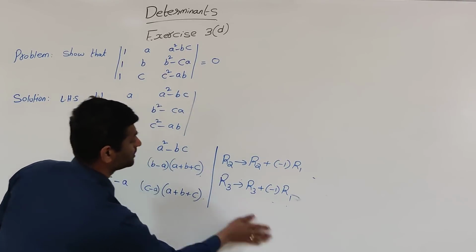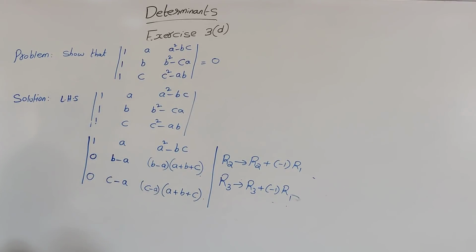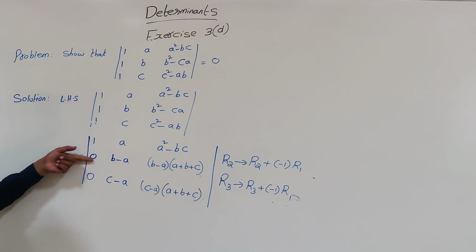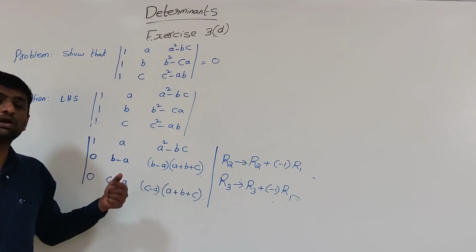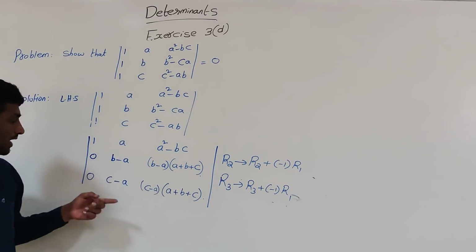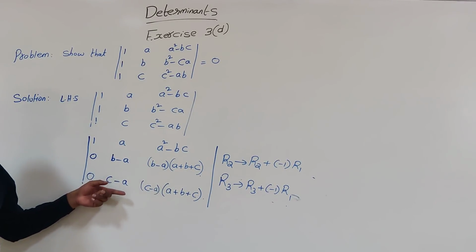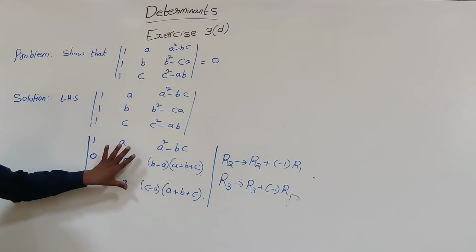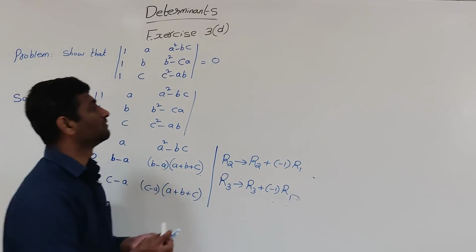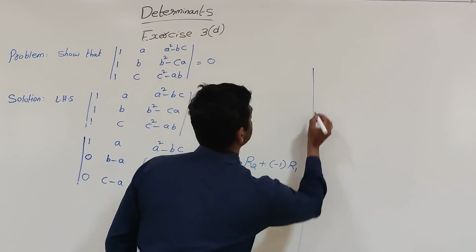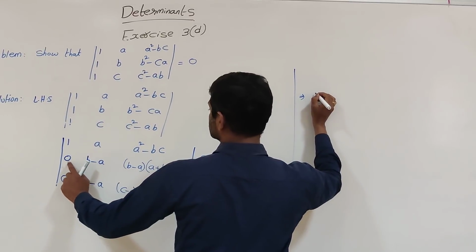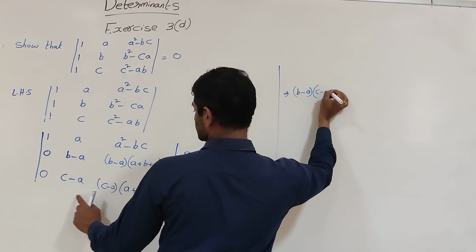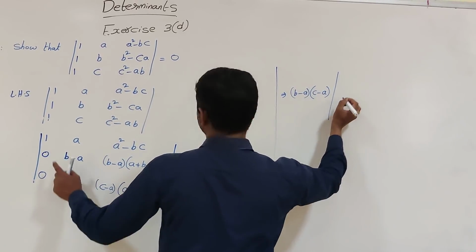So is there any simplification? Yes. If you observe clearly, every element of the second row is a multiple of B minus A, and every element of row 3 is a multiple of C minus A. Means the determinant of this matrix will be, from the second row B minus A and from the third row C minus A. So what will be the left over?